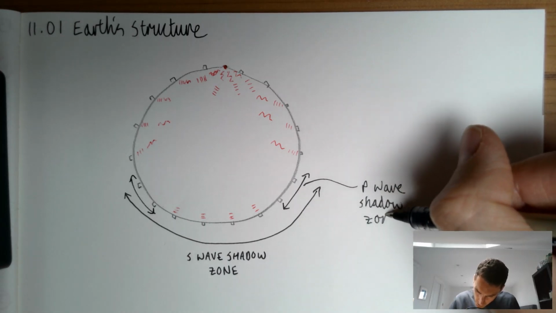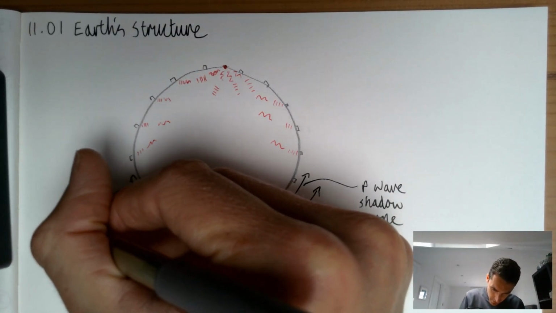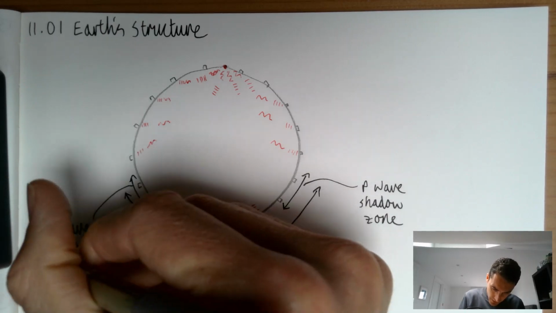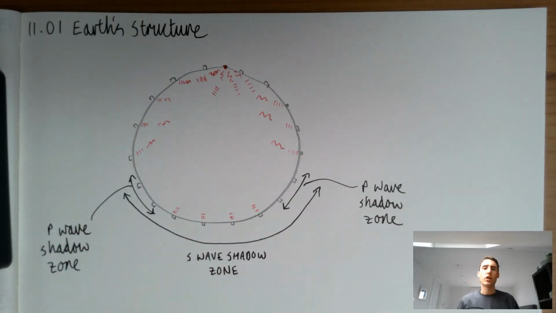I'll label those like this and explain to students what's going on. And this is where it gets difficult. We've then got to work out, if this is what's happening, what is that telling us about the Earth's structure? Now, I'm going to guess that if you're teaching this to Year 8, you could ask them what inferences to make.